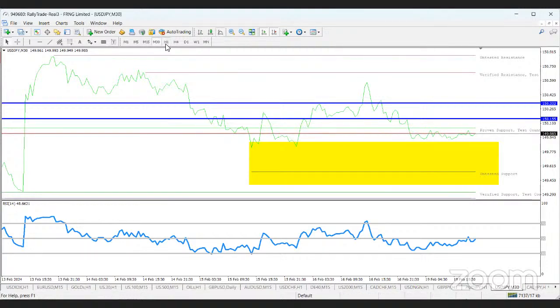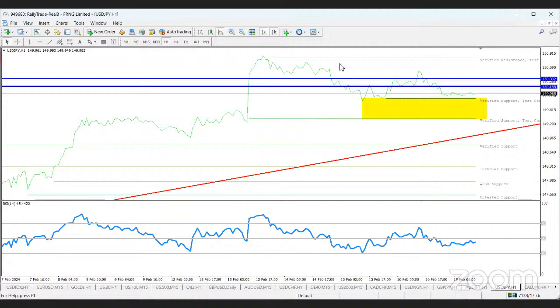What we are looking for in divergence is to compare the lows in the market.